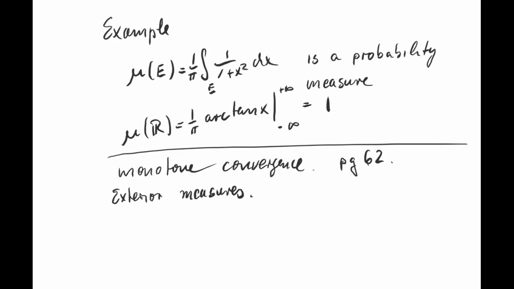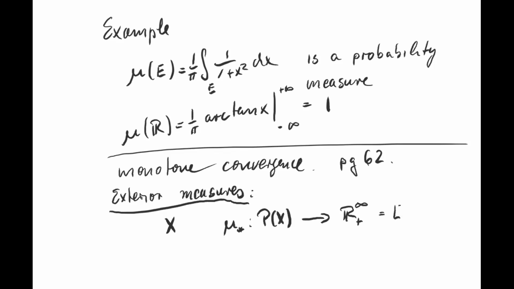The important part is if you have a space X, then an exterior measure is a map from the set of all subsets of X, so the power set of X, into the extended positive reals. So 0 to plus infinity.